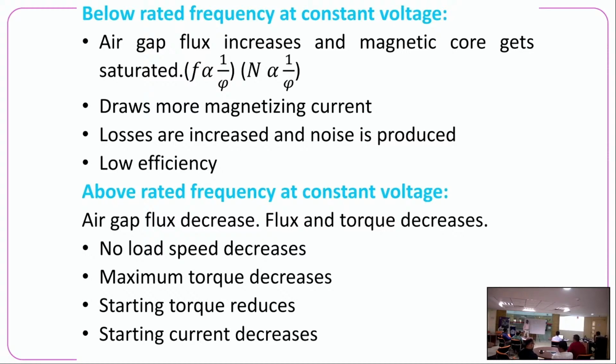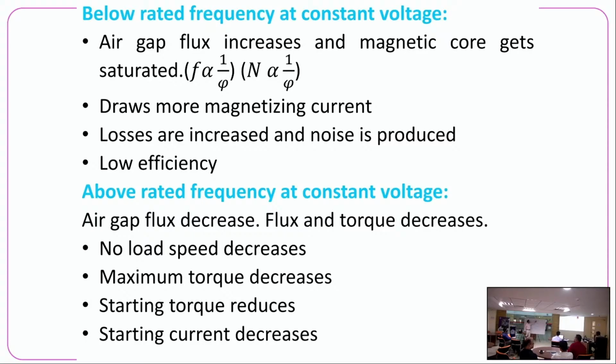This is the voltage equation that you can derive. f is the frequency, phi is the flux per pole, and turns per phase and winding factor. So voltage V we have kept constant at the rated value. So product is constant. If frequency reduces, then flux increases.